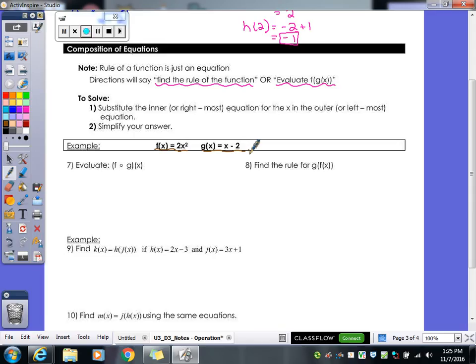So this first one, we start with g of x, but since it's g of x, am I really plugging anything in? No. So it's going to stay as x minus 2. Some people prefer just to rewrite that so they know what it is that they're plugging in. You're more than welcome to, but you don't have to. So we're taking this now and plugging it into the f function. So it would be 2 times x minus 2 squared.